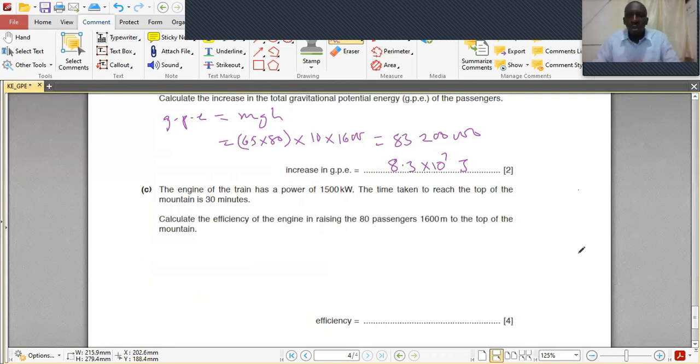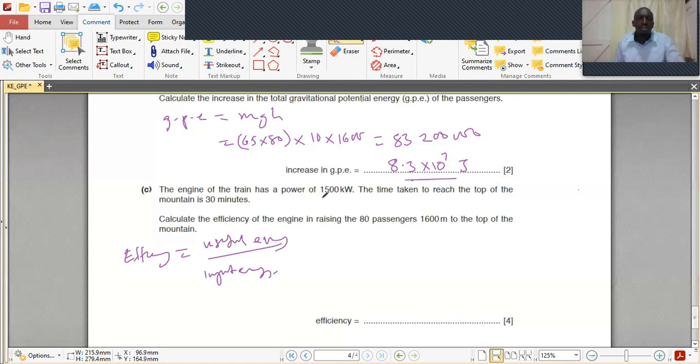This question can be approached in two ways: if you want to use power, or if you want to use energy in calculating efficiency. So let's define efficiency. Efficiency can be defined as useful energy over the total input energy into the system. So the useful energy is 8.3 times 10 power 7 joules, as we have calculated here.